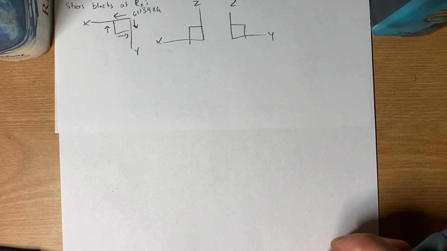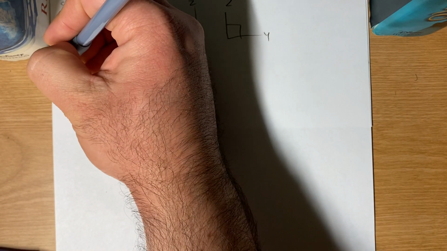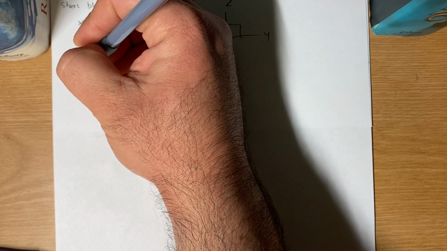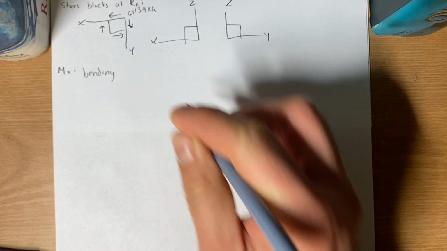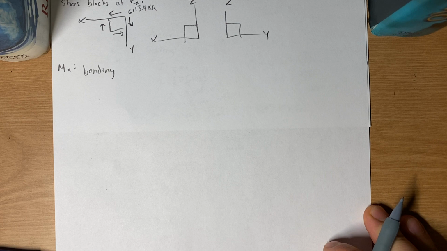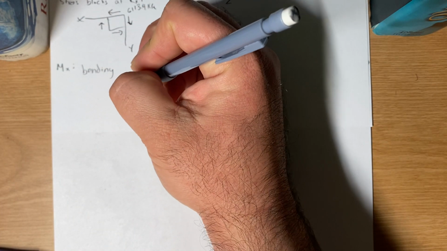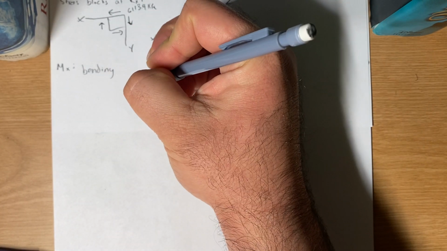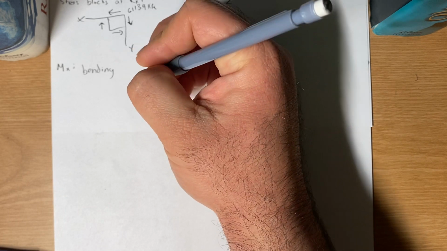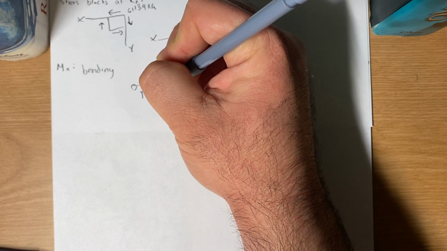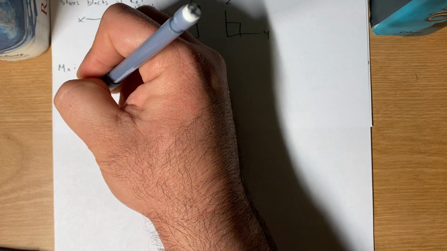I'm gonna go into my moment X, so MX. And this is still bending. So this is bending instead of transverse. So at moment, it causes the beam to bend. So I have my equation, sigma y equals My over I. So my transverse cut looks like this.